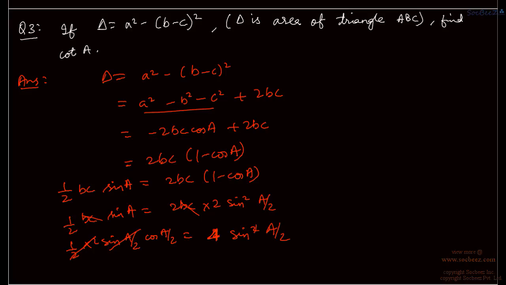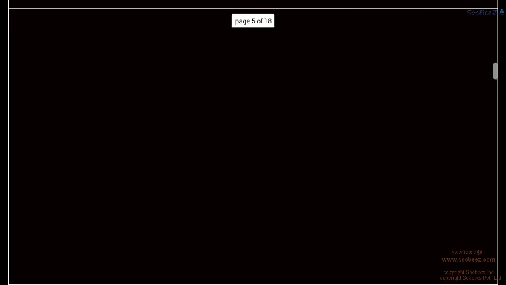Now, both of these conditions aren't possible in a triangle. So I go ahead and cancel the sin a by 2 term, and so I get cos a by 2 on the left side and 4 sin a by 2 on the right side. That gives me tan a by 2 is equal to 1 by 4.